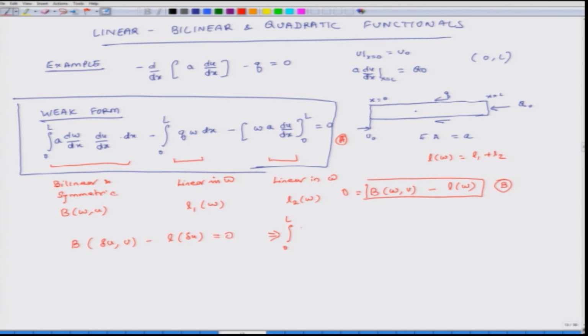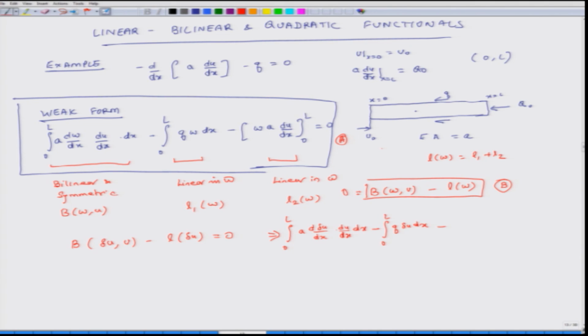Or if I want to expand this, I can write it as the integral from 0 to L of A d, minus, and just think about it, at x equal to 0, u is known, right?